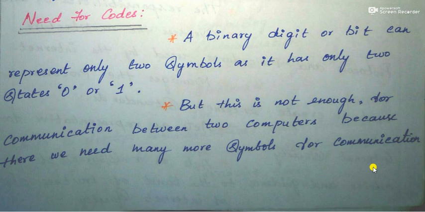So only these two characters are not enough. We want to communicate more bits, so instead of single binary digits, we go for a group of bits used as a code to represent a symbol.